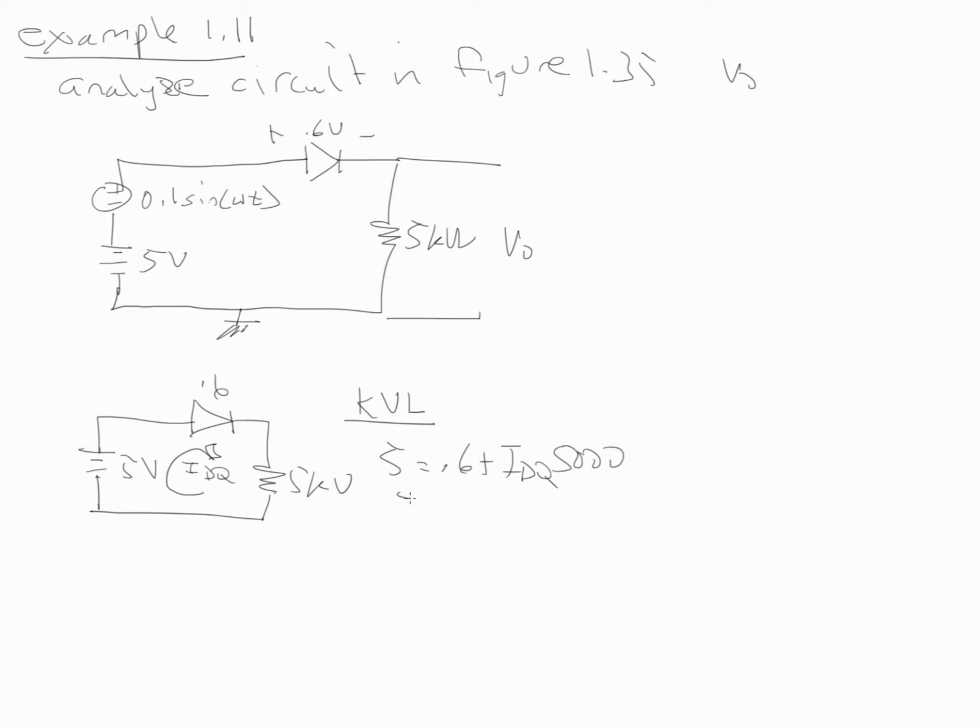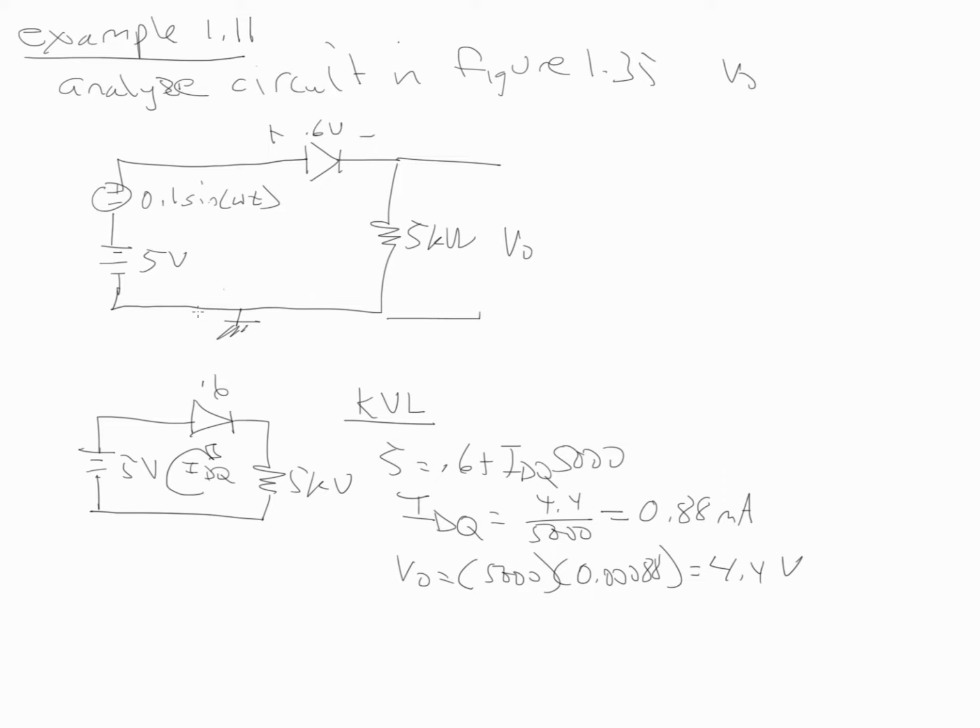And so we have IDQ equal to 4.4 over 5,000, which comes out to be 0.88 milliamps. And that means our V out is going to be equal to 5,000 times 0.00088, which comes out to be 4.4 volts.